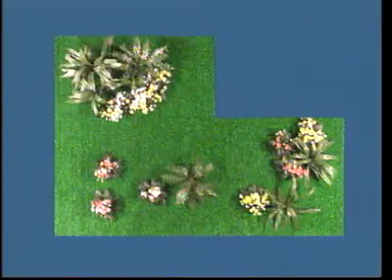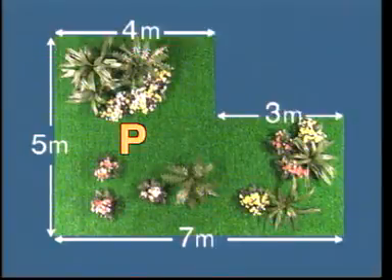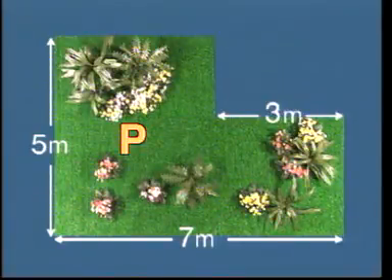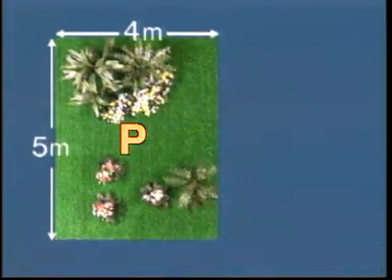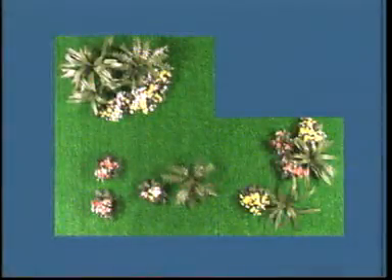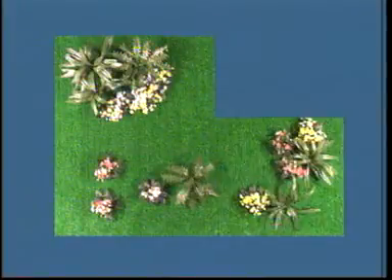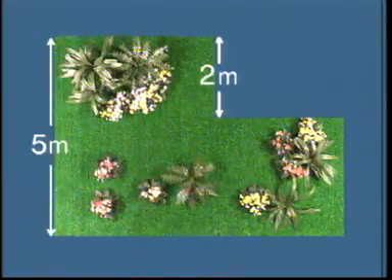The length of rectangle P is 5 meters and the breadth is 7 meters minus 3 meters, or 4 meters. The area of rectangle P is 5 meters multiplied by 4 meters. That's 20 square meters. But what about rectangle Q? How do we find its area? Well, if the pond is 2 meters wide, then rectangle Q will be 5 meters minus 2 meters.